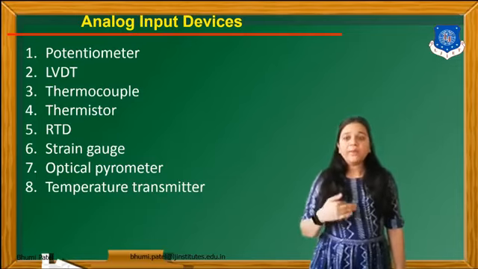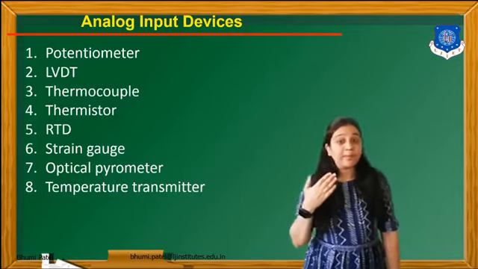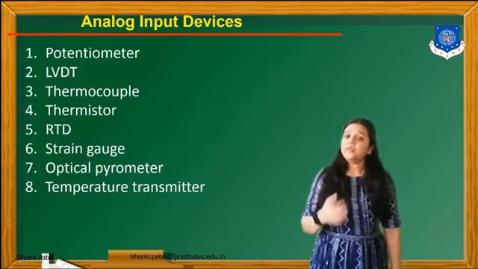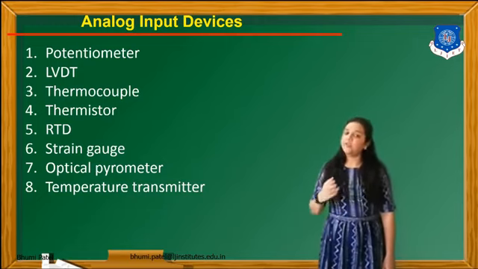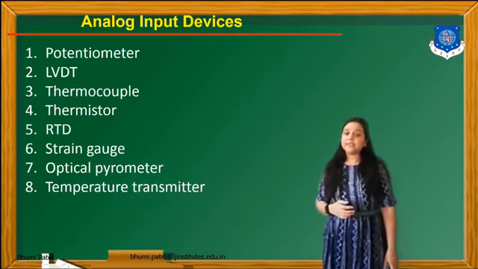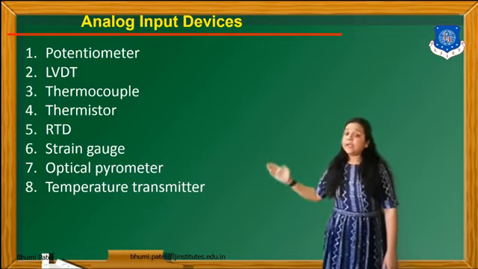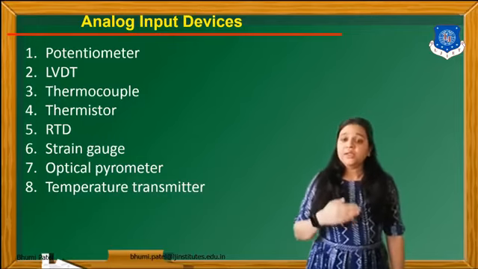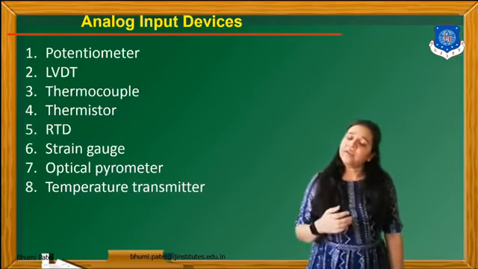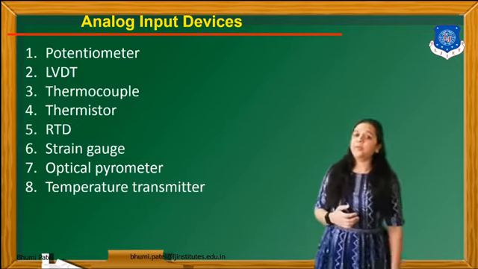If the switch is pressed, my output goes on, otherwise my output goes off. So depending upon the system or the requirement, we will connect different types of analog input devices to the PLC hardware. Here only 8 analog input devices are listed, but if required, we can connect other analog input devices.